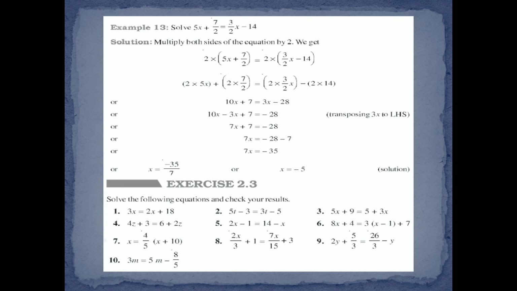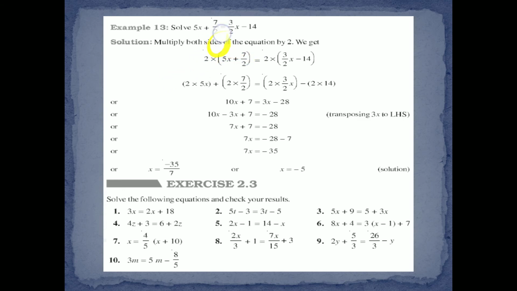Example 13 says: solve (5x plus 7) by 2 equals 3 upon 2 x minus 14. Again, you can follow both methods, transposition or systematic, wherever needed. Either you can choose one of them or you can apply both in the same question. Just now what we did, you have to follow as well. Here he has done what?